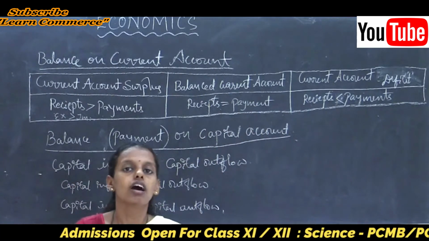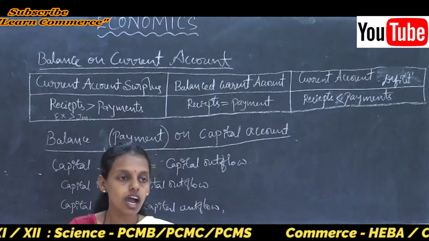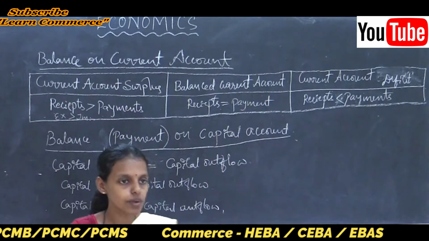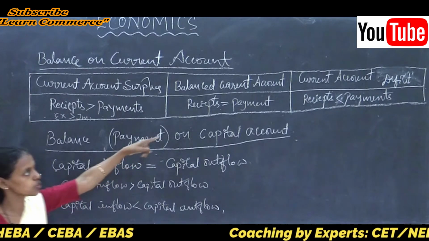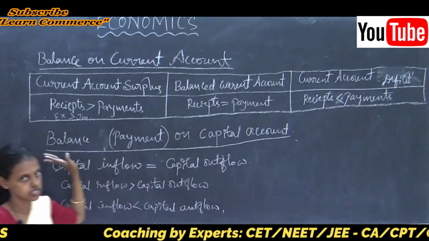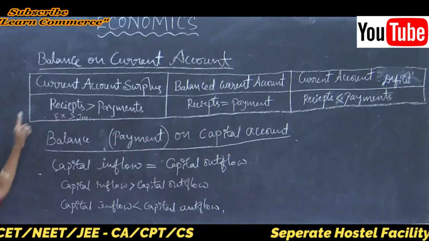It means when the imports are more than the exports, our revenue is very less compared to our expenditure, our exports are less than imports, and this is said to be the current account deficit. Now you came to know the three kinds of balance of trade in current account.